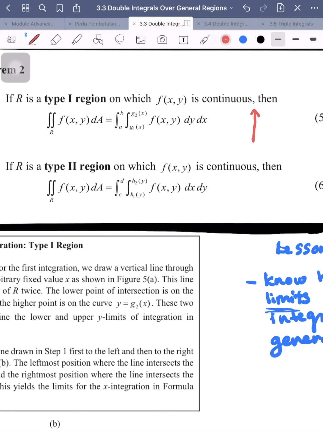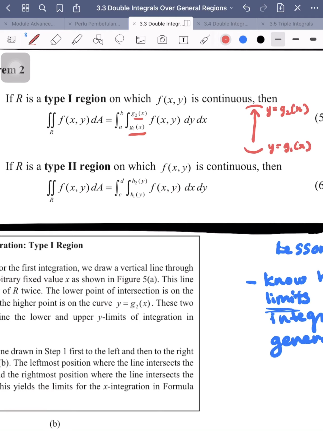The line at the bottom is the lower limit, which is y equal to g1(x), and the line on the upper side is y equal to g2(x), which is put as the upper limit.